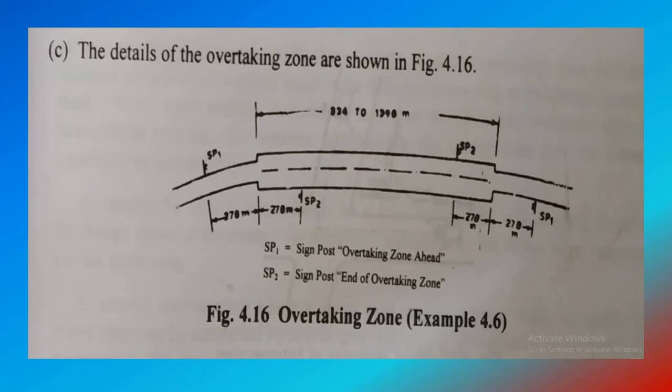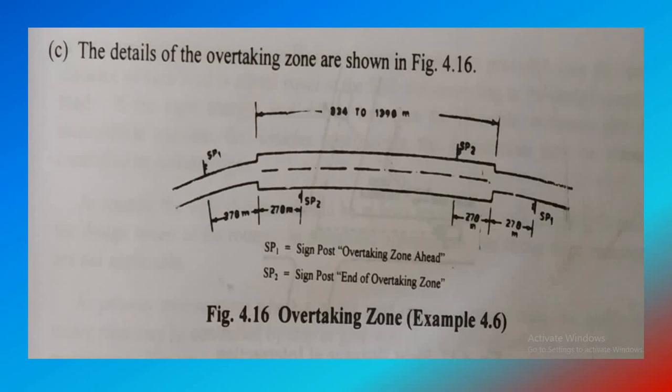And coming to the next one, the third question, the details of the overtaking zone as shown in the figure. Yeah guys, this is our original picture here. So here the starting one is S1 and the ending is S2, from left to right when you are moving.